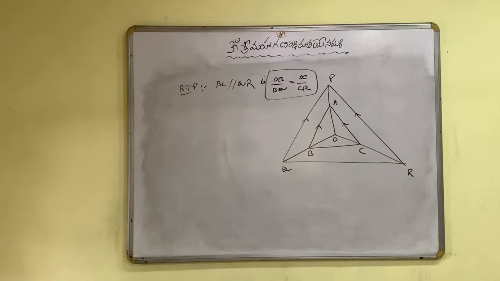In triangle OPQ, AB parallel to PQ. Then by basic proportionality theorem, OB by BQ is equal to OA by AP. Is that right?